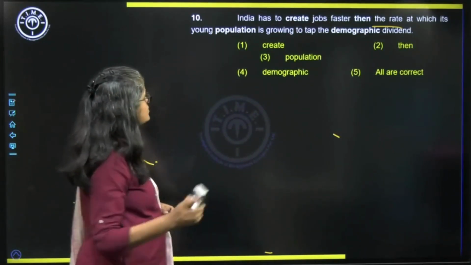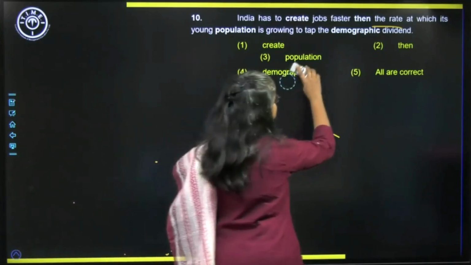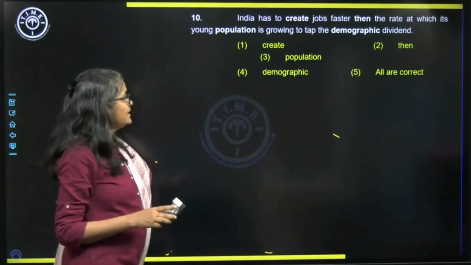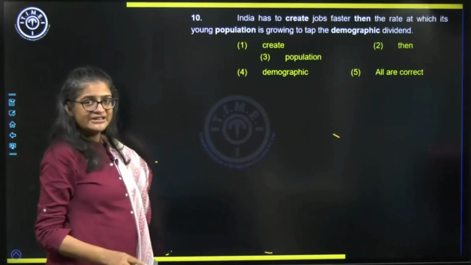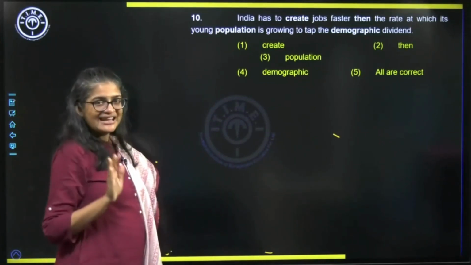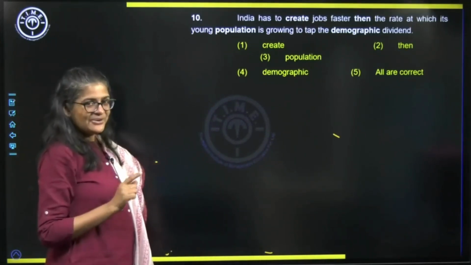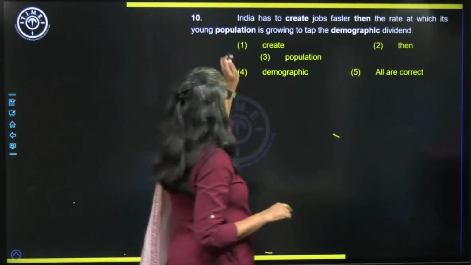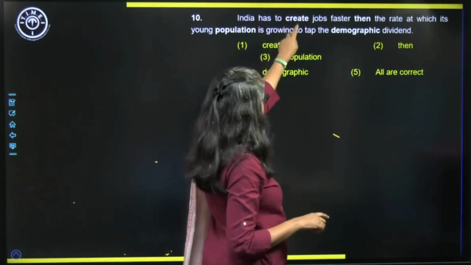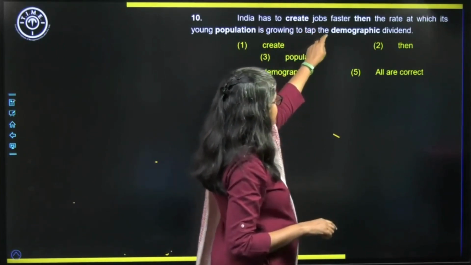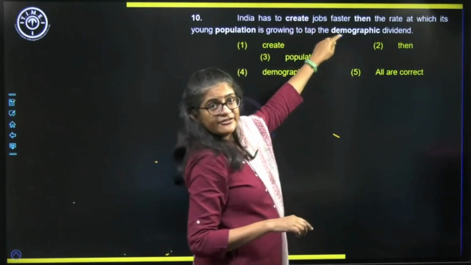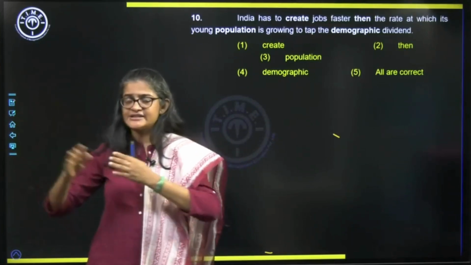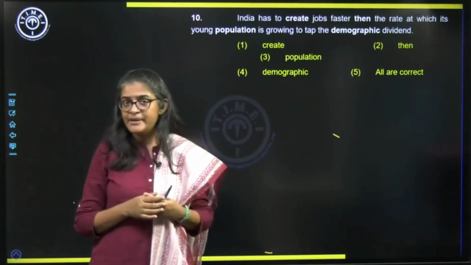India has to create jobs faster than the rate at which its young population is growing to tap the demographic dividend. If you read it quickly like that, you will not find the mistake. You have to look at the words carefully. India has to create jobs faster than the rate. Faster is comparative degree, right? Fast, faster, fastest. What comes after comparative degree?